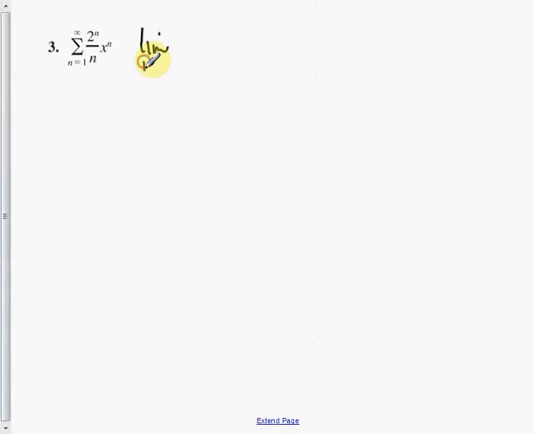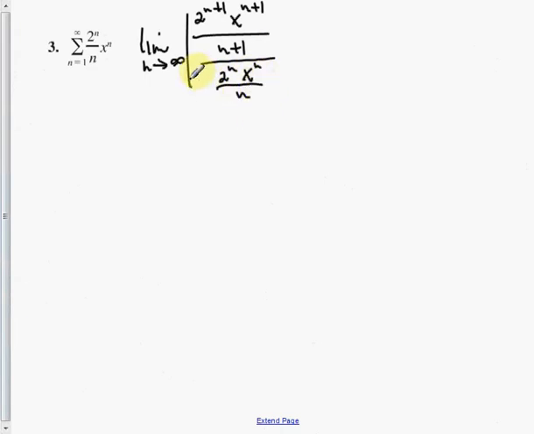This is the limit as n goes to infinity of the absolute value of 2n plus 1 times x to the n plus 1 over n plus 1. So these are the terms for a sub n plus 1. Then that's divided by the a sub n terms, so it's divided by 2n times x to the n all over n.